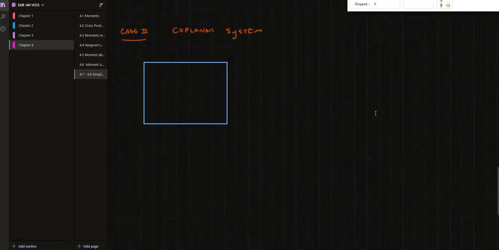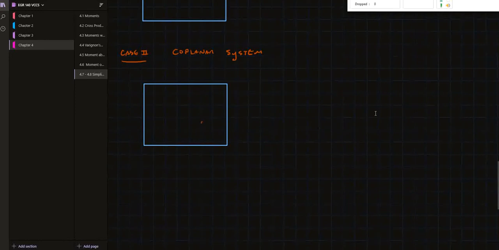Okay, for our second case, we have a situation where we have coplanar forces, but they're not necessarily concurrent. So we have a force in this direction. Maybe it's going through that point. We have a force in this direction. Maybe it also is going through that point. Maybe not, but I guess I'm drawing it like it is.